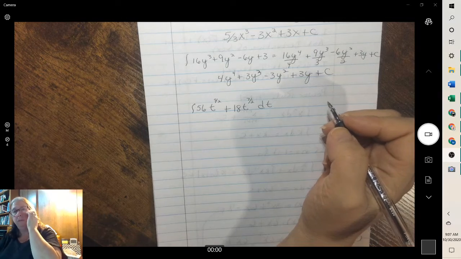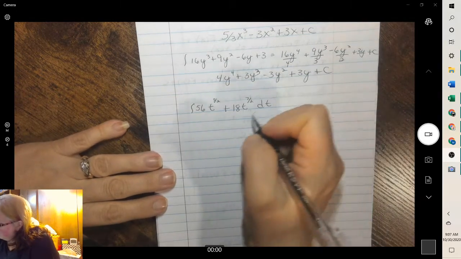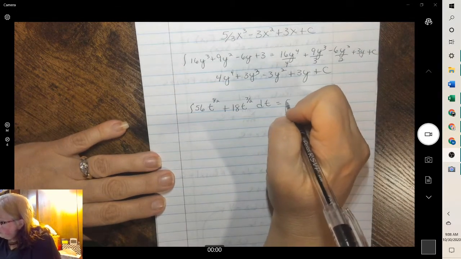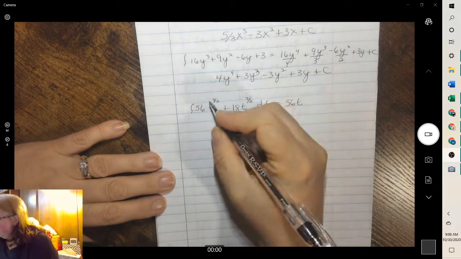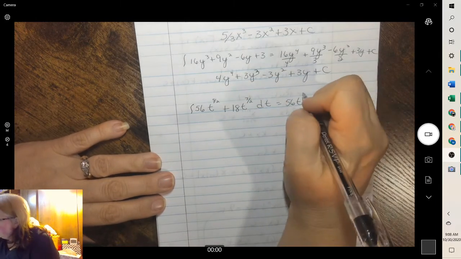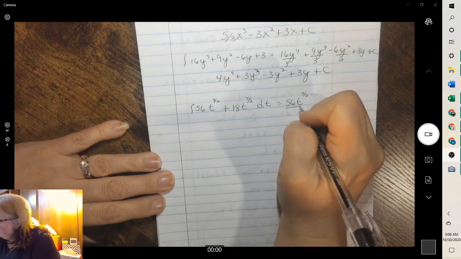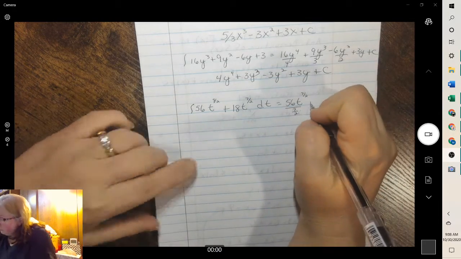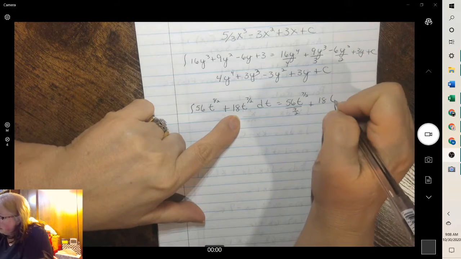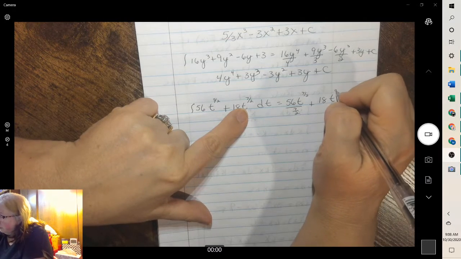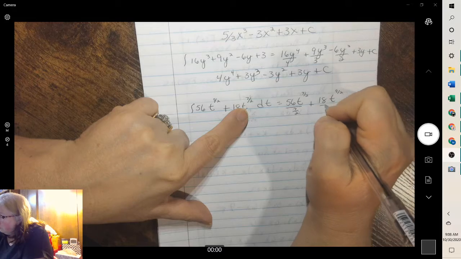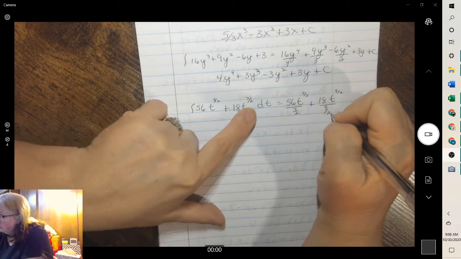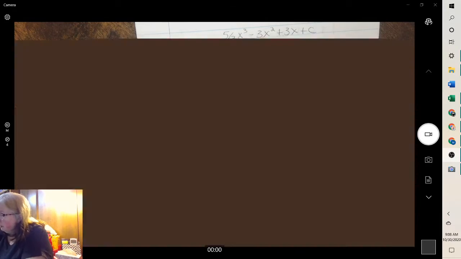So if we have this one, we're going to go 56t, adding 1 is 7/2 over 7/2, plus 18t, adding 1, 9/2 over 9/2 plus c.